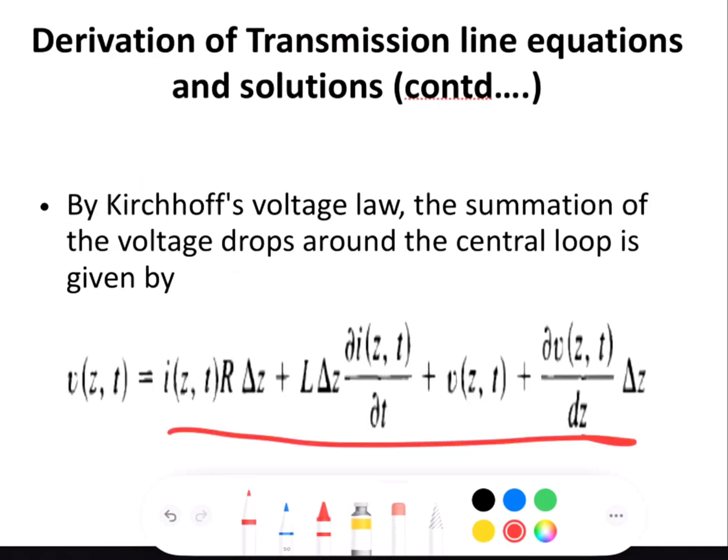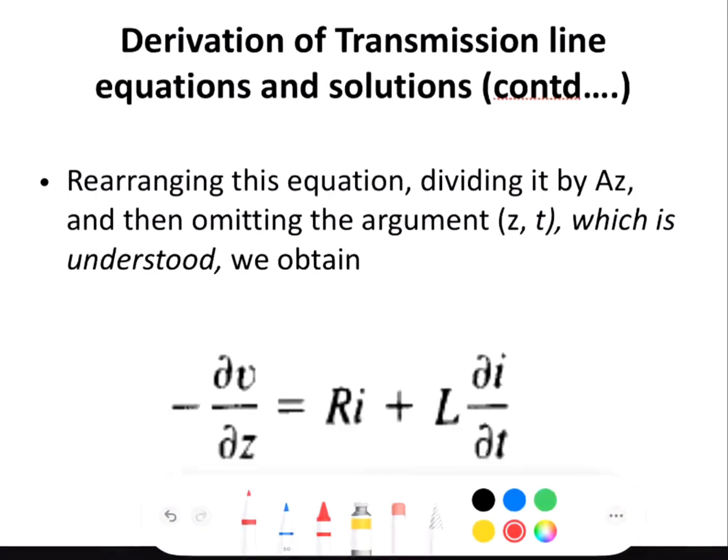And next, after that, by rearranging the above equation and dividing it by delta Z, and then omitting the argument, that is Z, T, we obtain the next equation, that is minus dou V by dou Z is equal to Ri plus L into dou I by dou T. That is, we are analyzing the output parameter in terms of resistance and inductance.